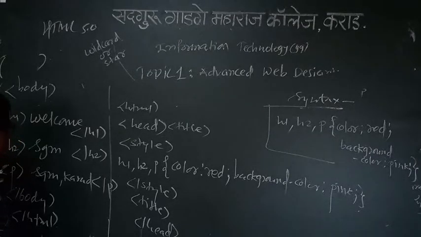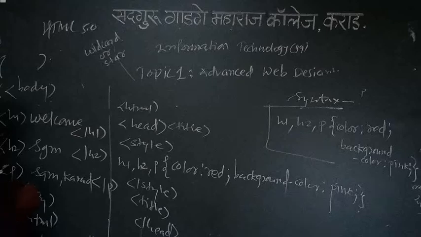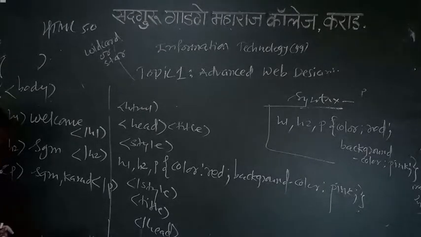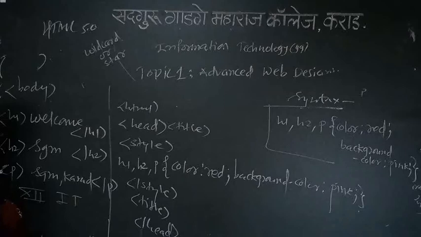And then the third one, in P tag GM Karad, that is also text color red and background color pink. But simply we have to write here a simple word, that is, I have to make a change in here, 12th IT. After that body close and HTML close.